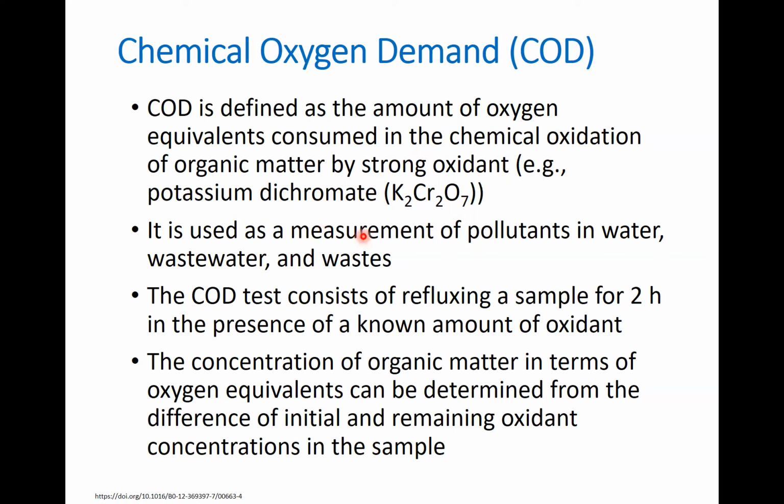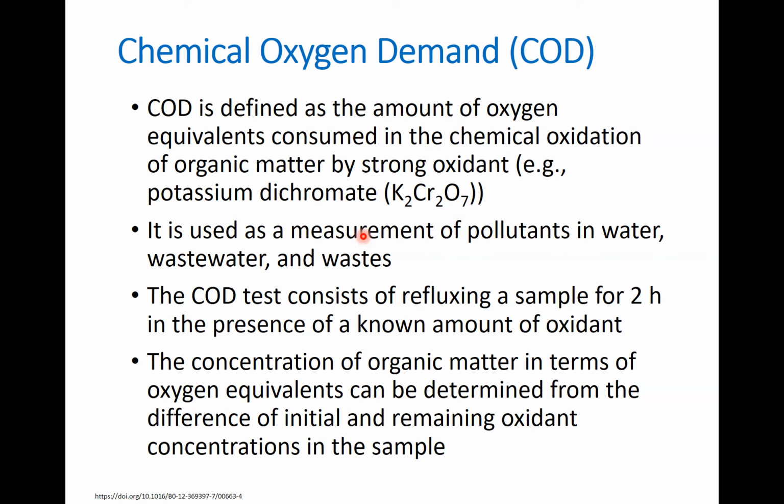It can be used again to measure the pollutant in water, wastewater, and waste, as I mentioned, and you have to be careful about the range. It also can be used for characterization as total COD, which means that you don't filter the sample if it's liquid.